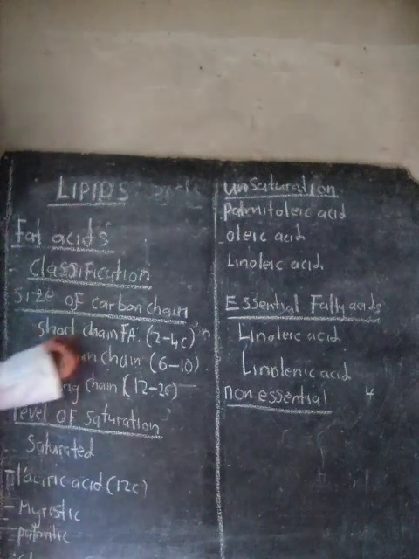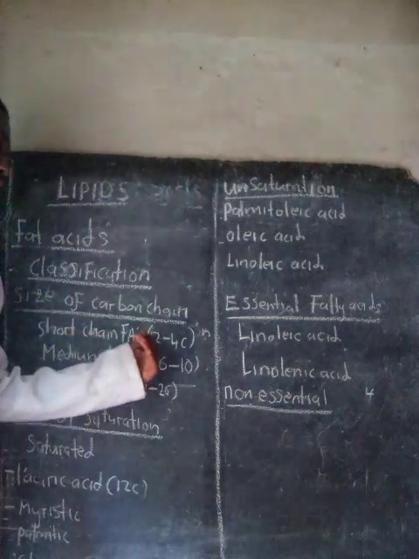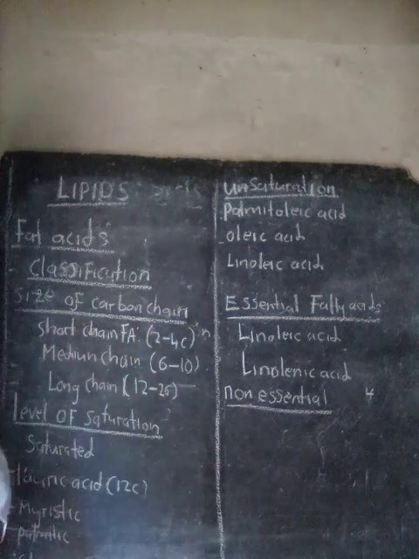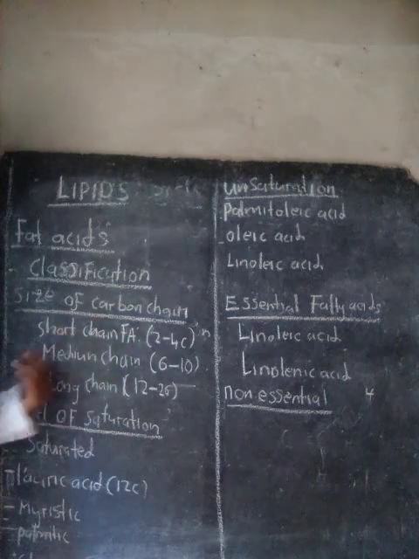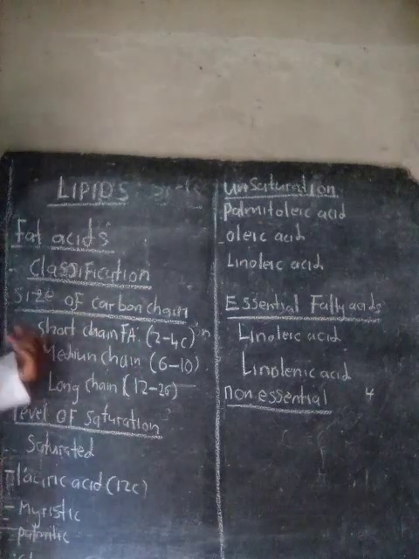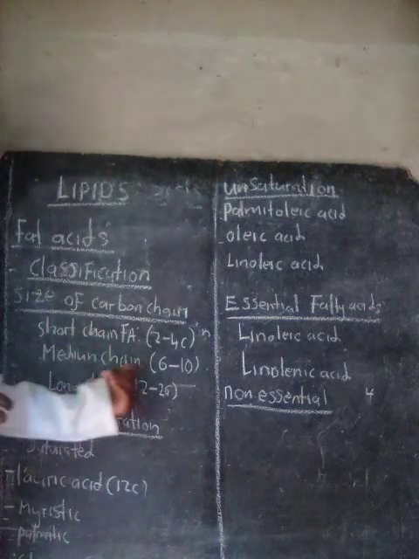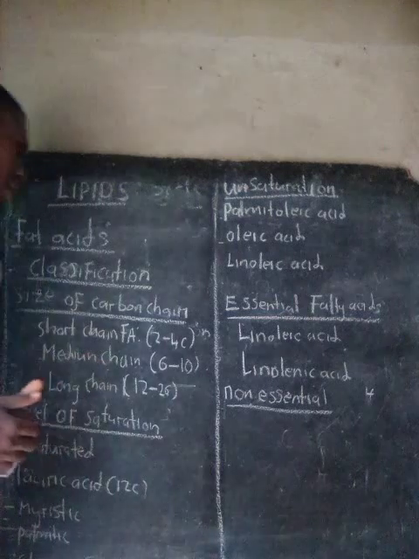We have what we call a short chain fatty acid, and in a short chain fatty acid they will have a minimum of 2 carbon atoms and a maximum of 4 or 3 in between. That is the range of carbon that you find. Then we also have what we call the medium chain. In the medium chain you have a minimum of 6 carbons and a maximum of 10 carbon atoms.